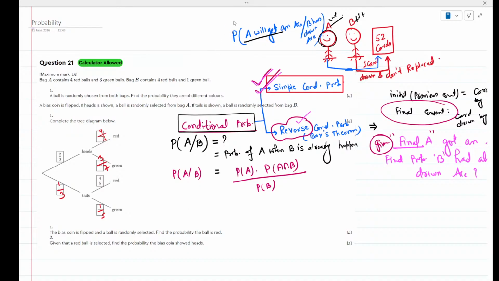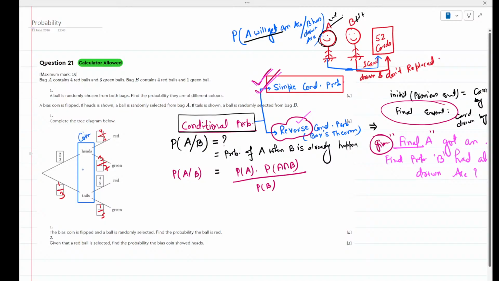Let me explain. First of all, see, there are two events. The probability of flipping the side of the coin is already given. First, coin flipping.